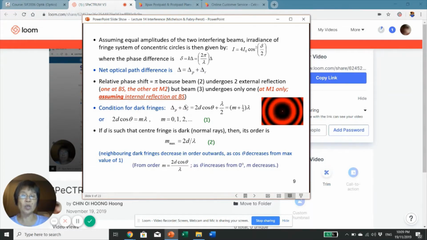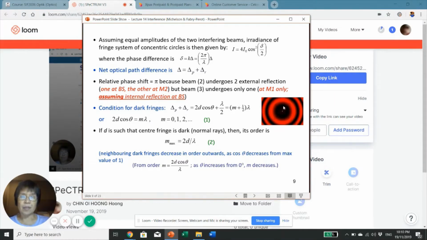So adding the two together, for a dark fringe we will have 2d cosine theta plus lambda over 2, equate that to half integer lambda. So we have (m plus half) lambda. Now this cancels, so we come to a simple expression, which is 2d cosine theta equals m lambda.